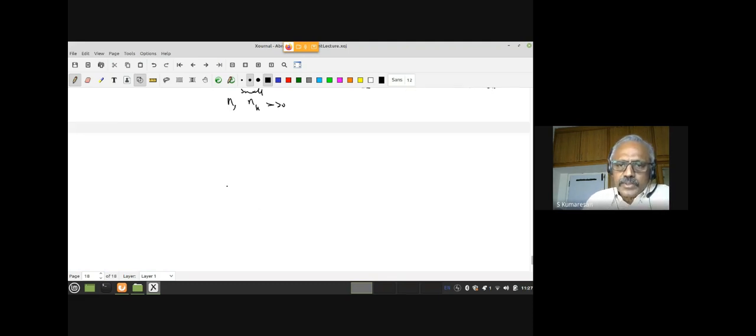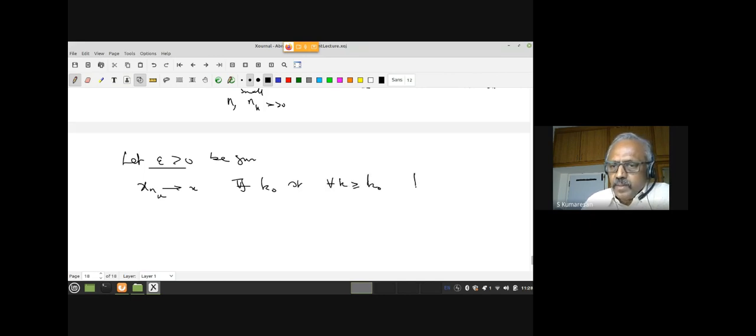Okay, so how do I do that? Now let us make everything quantitative. Let epsilon be given. Since x_{n_k} converges to x, there exists a k_0 so that for every k greater than or equal to k_0, |x_{n_k} - x| is less than epsilon by 2. Remember, my sequence is y_k, which is x_{n_k}.